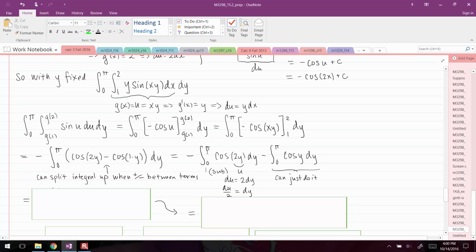There's no 2 hanging out, so I do a bit of algebra, and for dy I'm going to plug in du over 2. Then we're going to have our cosine of u times du over 2.